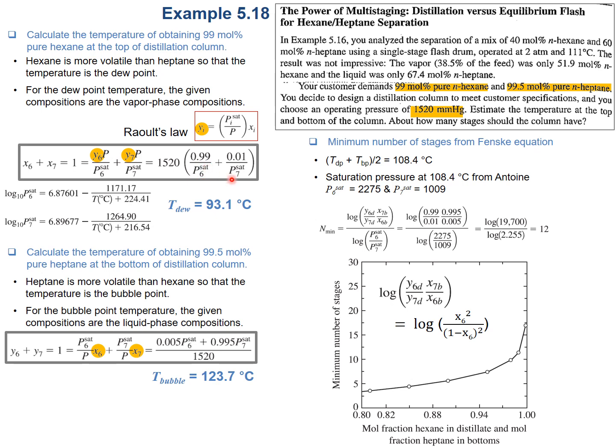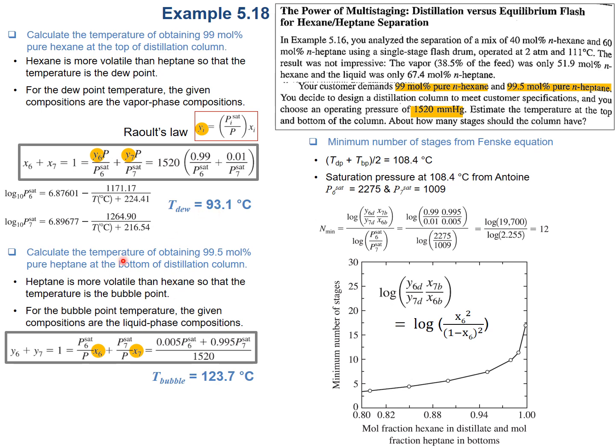This pressure variable is converted to the same temperature variable, and then you can calculate the temperature. The dew point temperature is here 93.1 Celsius degrees. This is the temperature for the top of the distillation column.